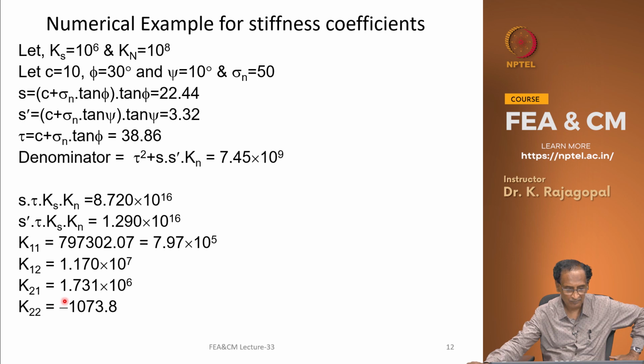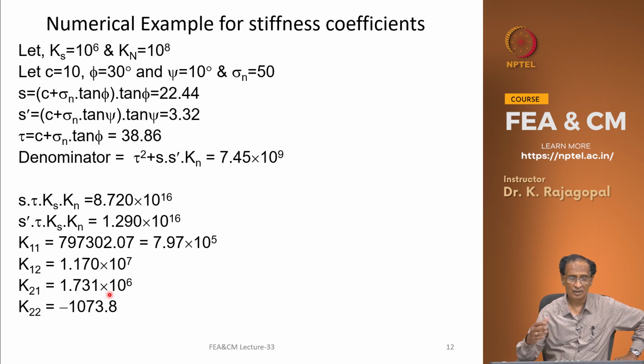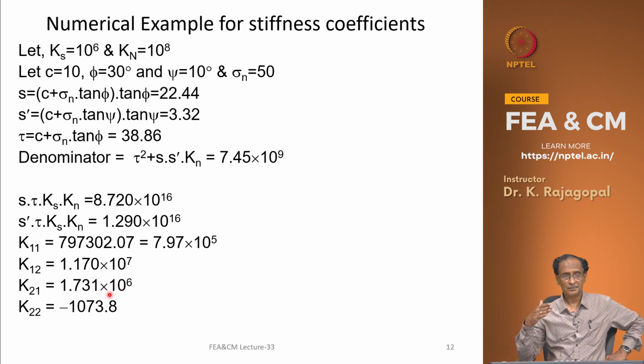So, a couple of negative diagonal terms within a stiffness matrix may be okay, but if too many of them become negative, the programs will simply stop.